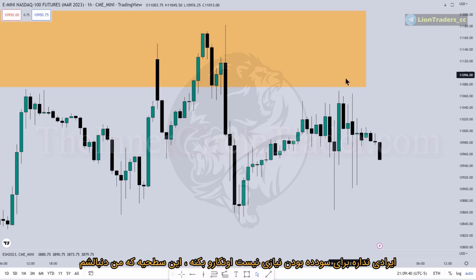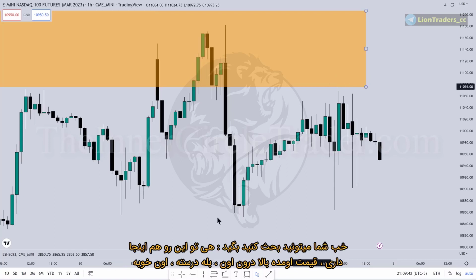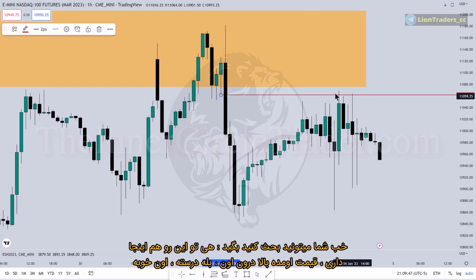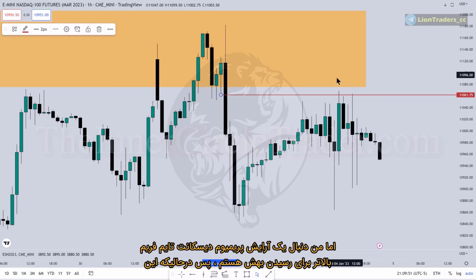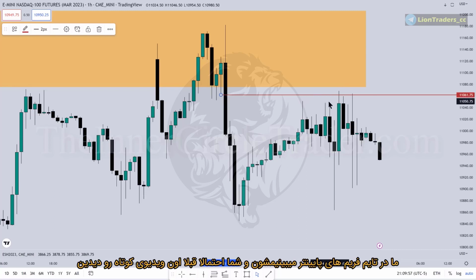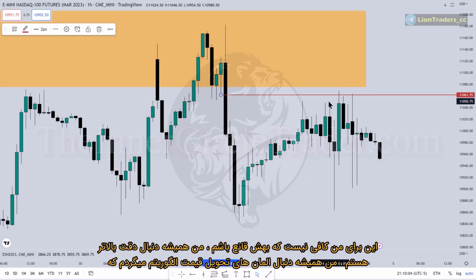This is the level I'm looking for. So you could make the argument that, hey, look, you have this here, it traded up into that. Yeah, sure, that's fine. But I'm looking for a higher time frame PD array to reach to. So while it did take out relative equal highs here, as we'll see in the lower time frames, and you probably already watched in that little short video, it's not enough for me to feel satisfied in that.